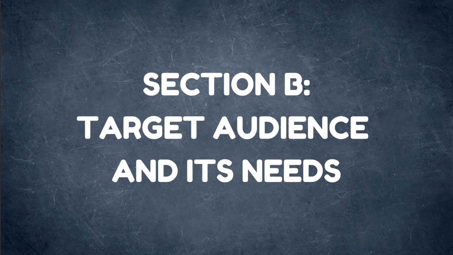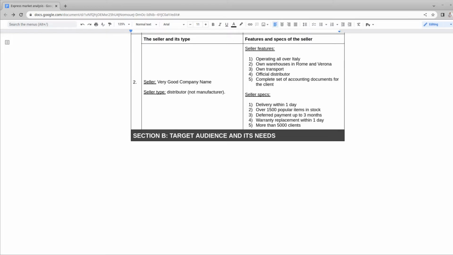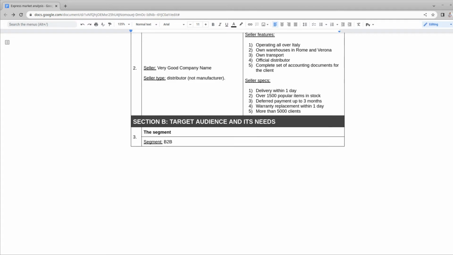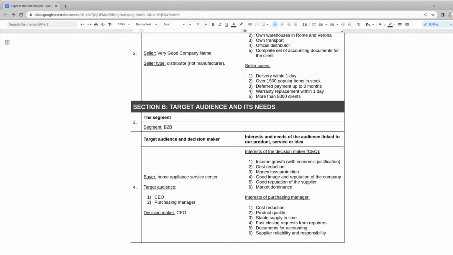Section B. Target audience and its needs. The second section is about the audience, and it contains 2 blocks as well. In the first block, we write the segment we are working in. In the second block, we describe the target audience, its interests and needs that we can potentially cover. If necessary, we divide the audience into target groups. We talked about what the target group is in the 2nd lesson of this course.